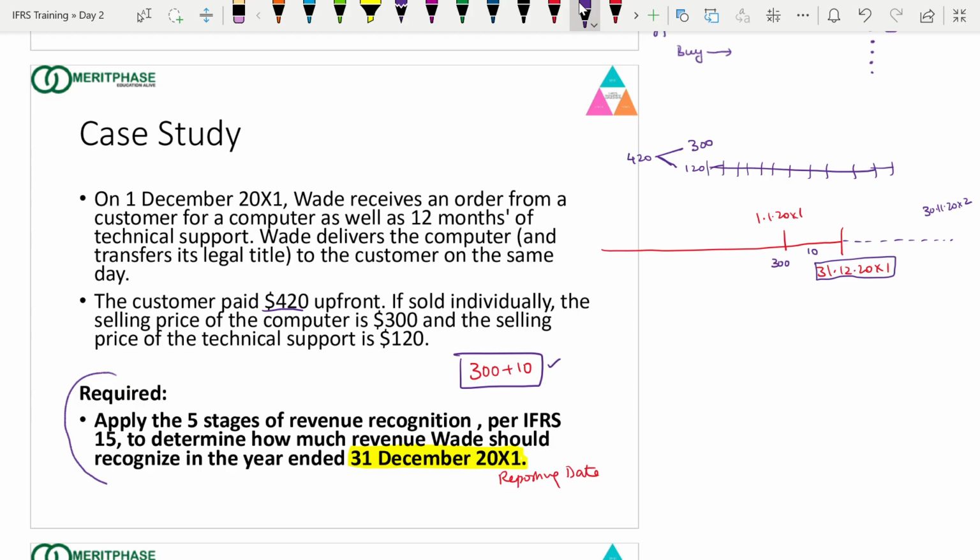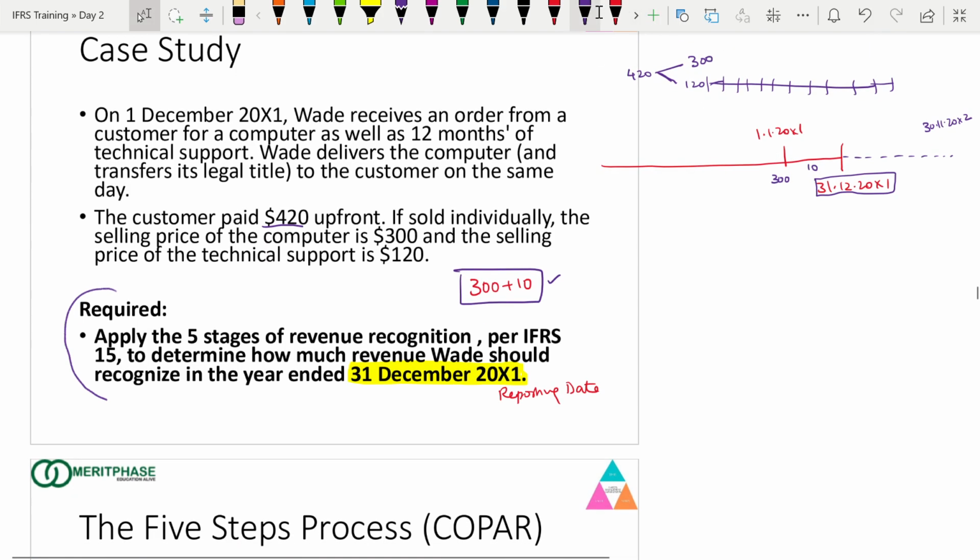How much do you have to recognize? There is a contract. There is an obligation that you are providing. There is a price element. We are allocating between two different stages, and then we recognize it.